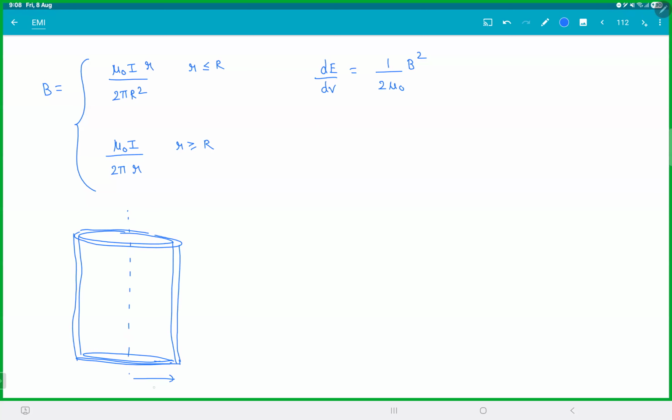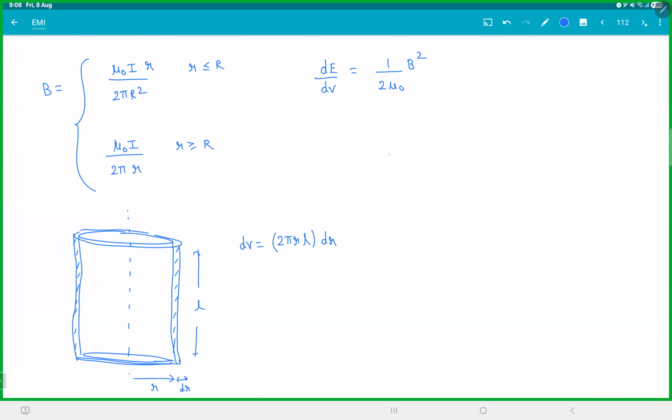Let the thickness be dr and let the length be L. What is the volume of this thin element? Surface area, which is 2 pi r into L, into thickness.